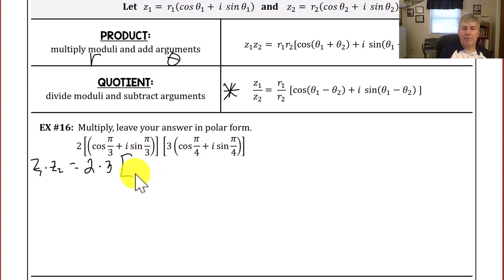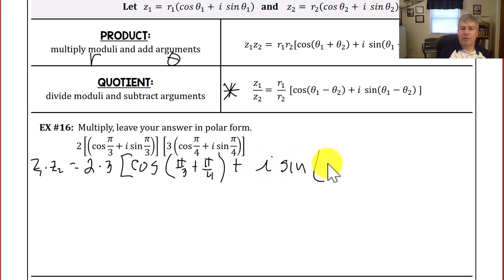We're going to need a common denominator to add our thetas, but I'll just show it: the cosine of pi over 3 plus pi over 4, plus i sine of pi over 3 plus pi over 4.